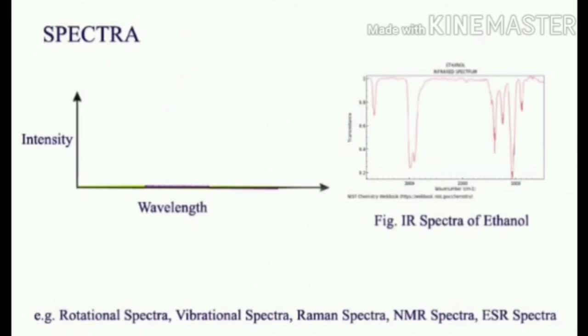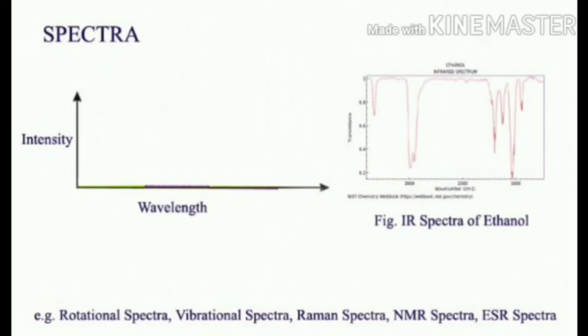For example, in the diagram you can see an infrared spectrum of ethanol, which is simply a plot of the transmittance versus the wave number of the infrared radiation.